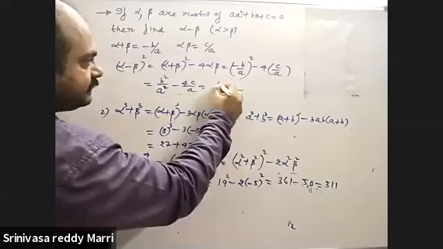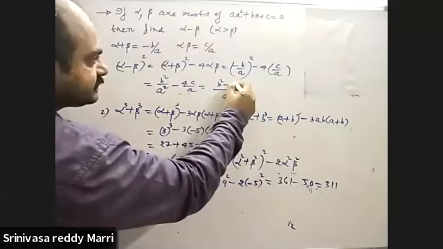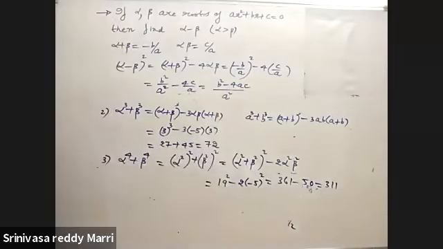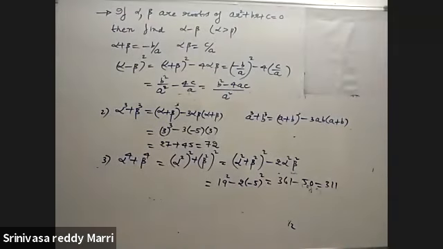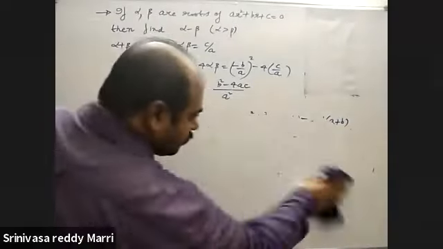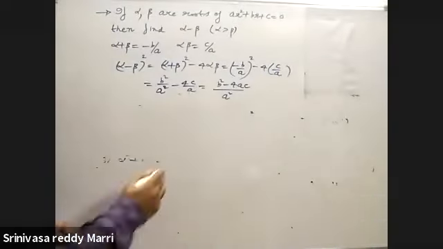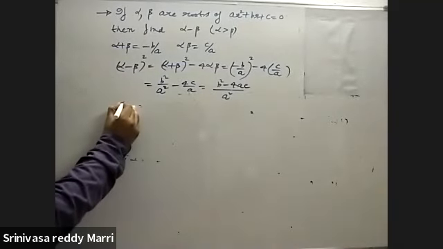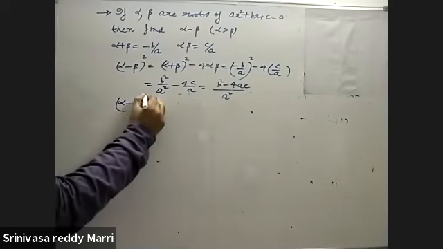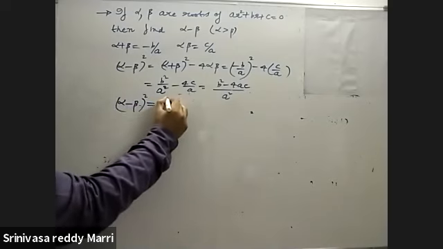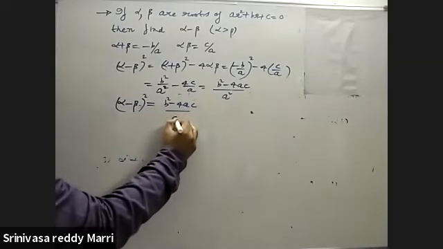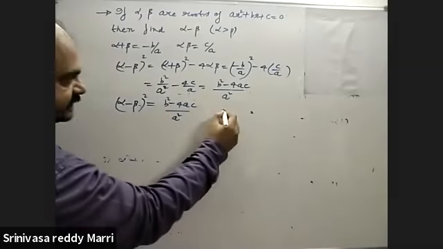So this is b square minus 4ac. So alpha minus beta whole square equals b square minus 4ac divided by a square.